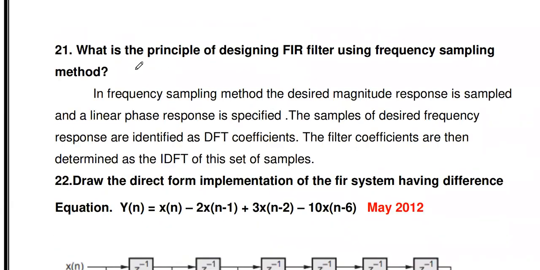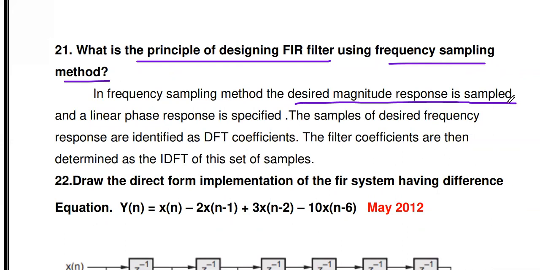Then the next question: what is the principle of designing FIR filter using the frequency sampling method? In the frequency sampling method, the desired magnitude response is sampled and a linear phase response is specified. Here, HD of omega, we have to sample in order to obtain H of k. The samples of the desired frequency response are identified as DFT coefficients.